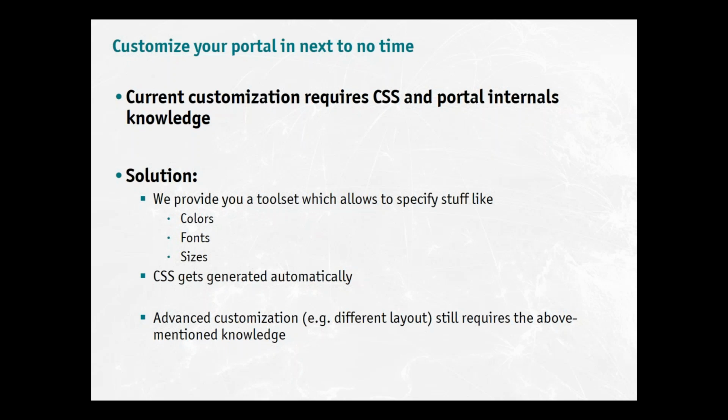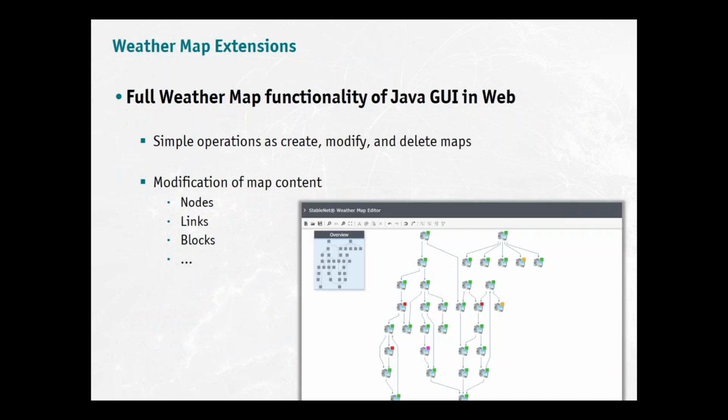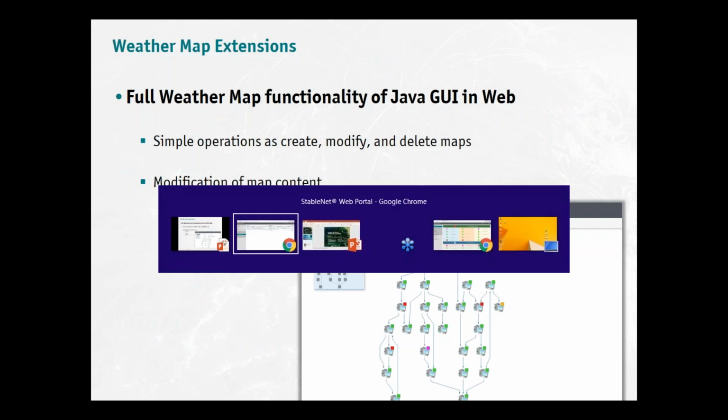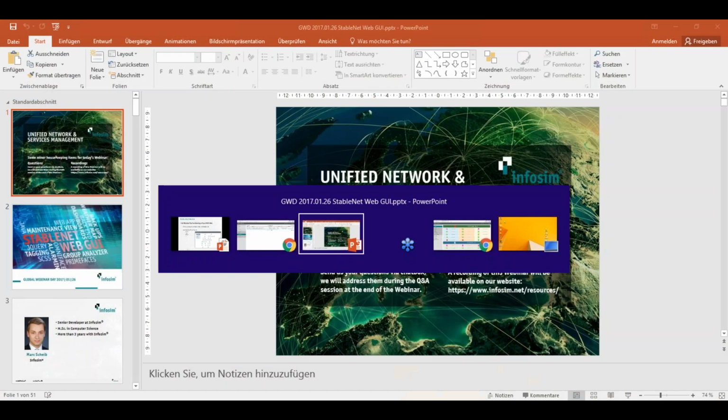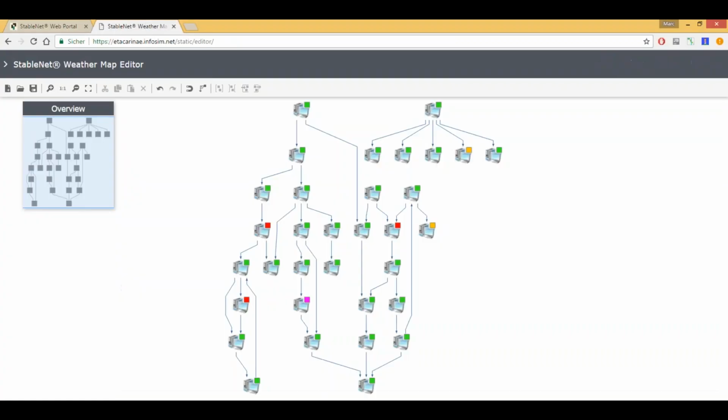Another big thing we want to bring into the web portal is a rework of the weather map functionality. We will have a weather map editor comparable to the Java GUI. The best thing is I quickly give you a short introduction on how it may look. You can see here, this is the web view of our editor, and you can more or less do the same things as you know from the Java GUI.